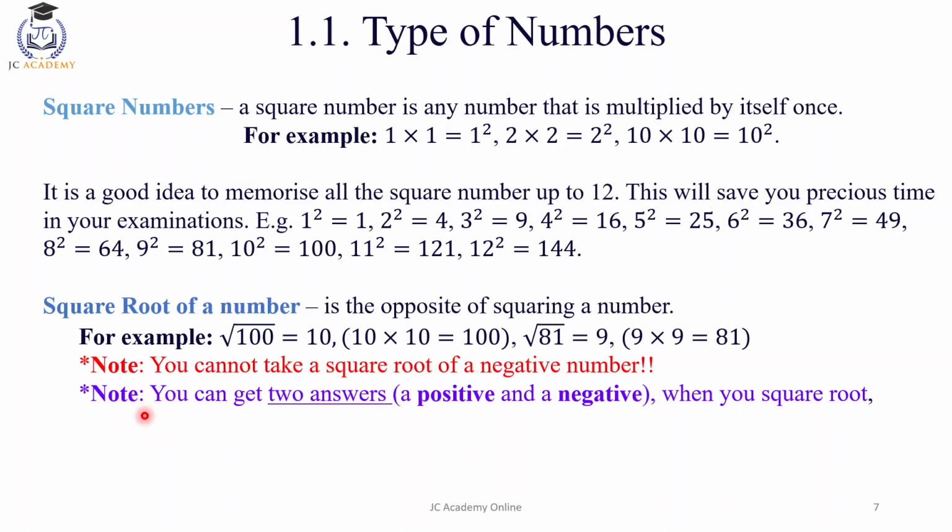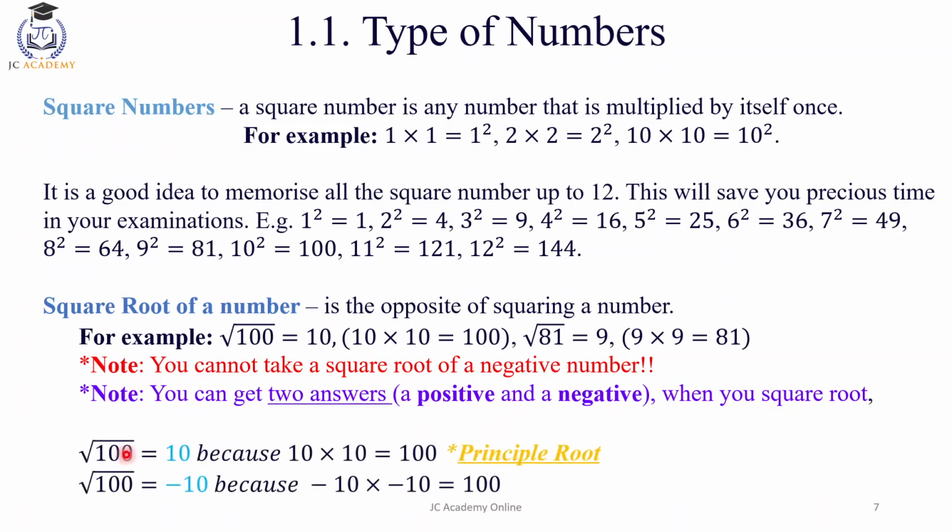Another important note to keep in mind is that when you take the square root of a number, you always get two answers, a positive and a negative. The reason is because notice here, square root of 100 is equal to 10, because 10 times 10 equals 100.